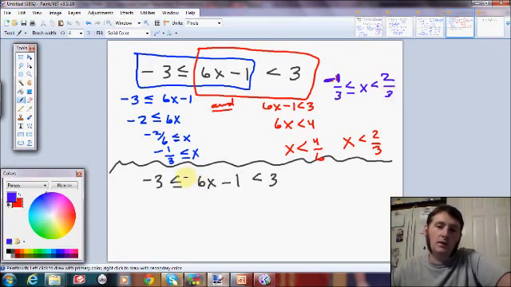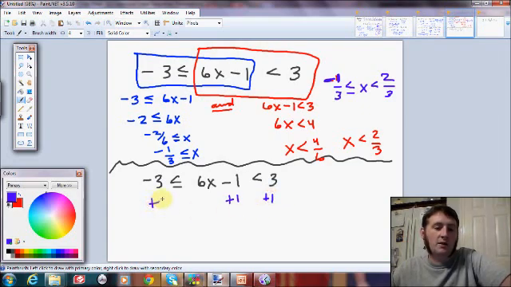Different way. We should be able to do this all at once. Instead of doing something on two sides, we've got to do all three parts, and we've got to move things out of the middle. So we look at the middle and say, well, we would normally add 1 here. But what ends up happening is people who kind of know what they're doing but do this wrong just add 1 right here. This thing's got 3 parts, not 2 sides.